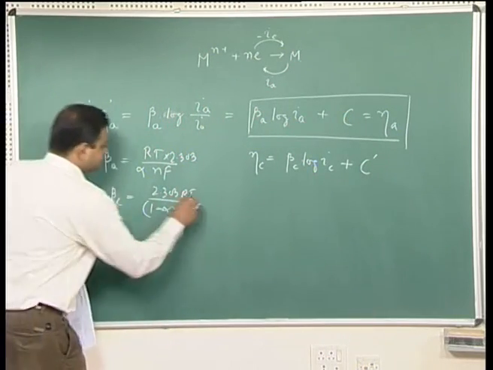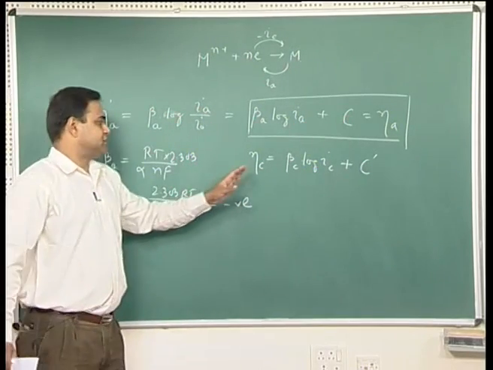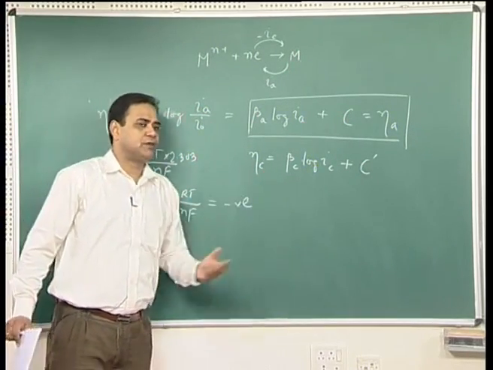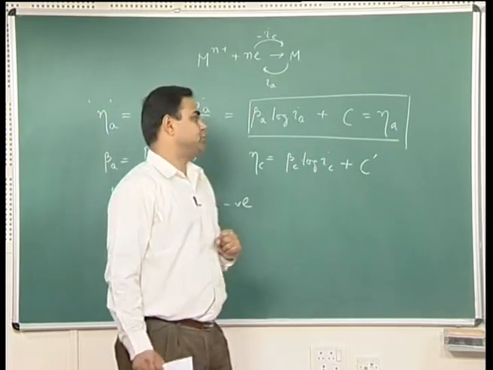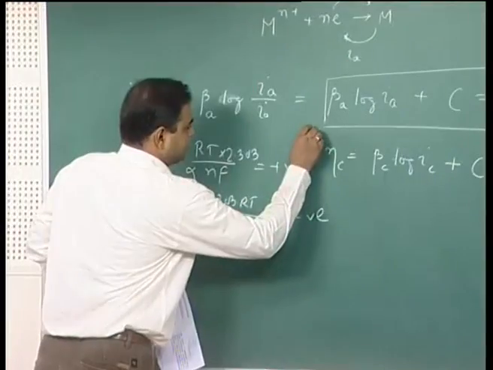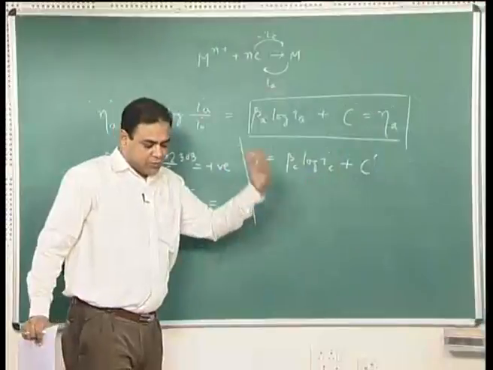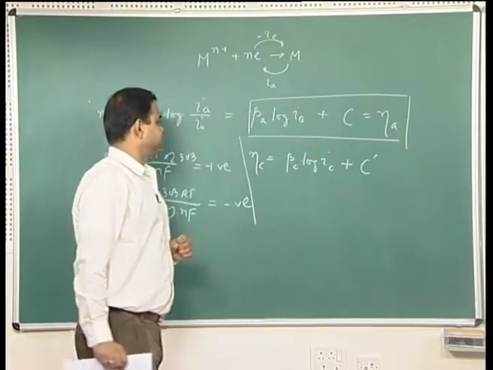And we consider this to be a negative value, just to have a sense that cathodic polarization is going towards the negative side. That means potential drops from the equilibrium potential, and this is considered to be positive. Anodic polarization means the increase in potential from the equilibrium value.